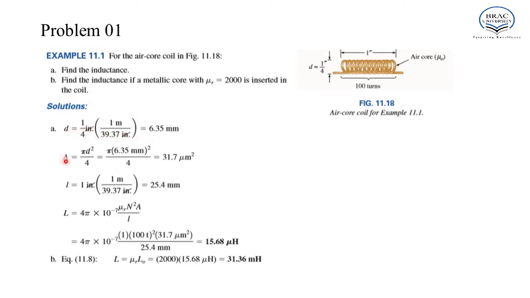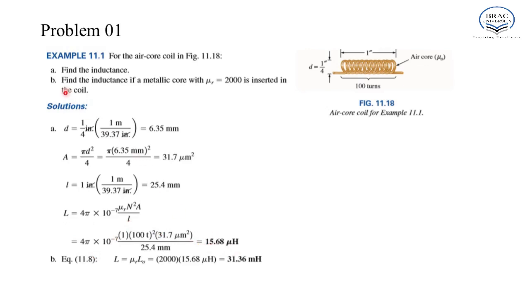A, which is the area of cross section, we have to determine, which will be 31.7 micrometer square. L is 25.4 millimeter and L, which is inductance, equals 4 pi into 10 to the power minus 7 mu R n square A divided by L. From there we can determine L as 15.68 microhenry.